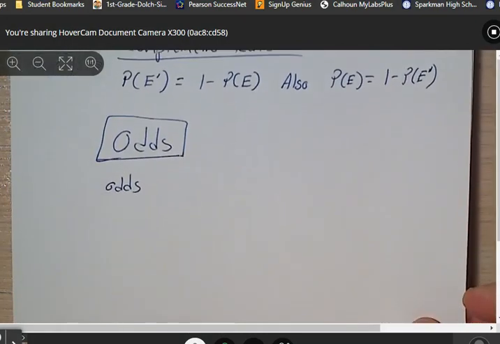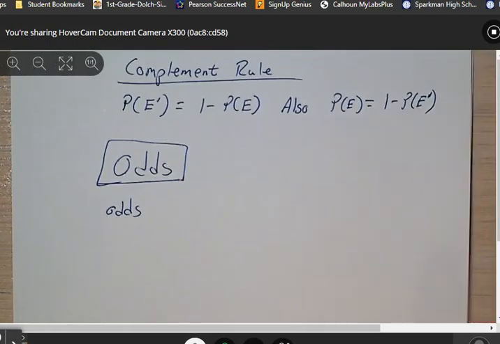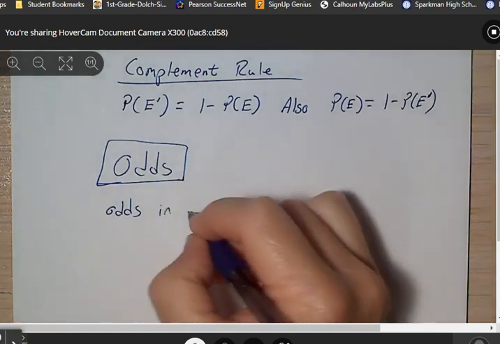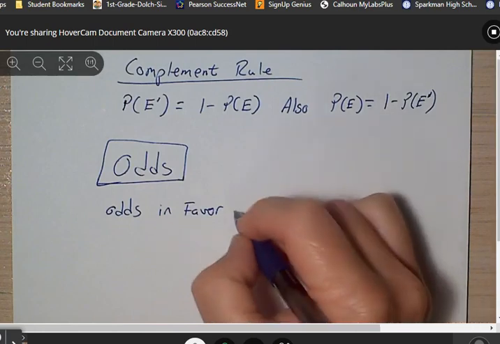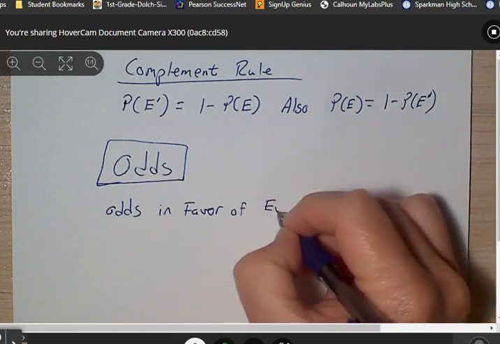This is where, if you ever read the back of an M&M's pack or Snickers or Doritos, whatever, if they're giving away something, they always talk about the odds of winning. The odds in favor of you winning something, it's always 1 in a million.